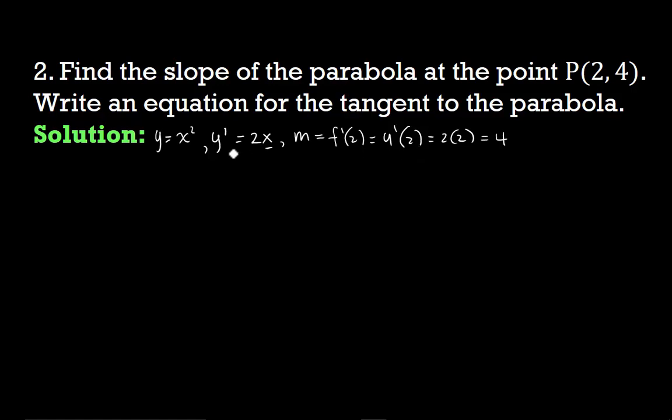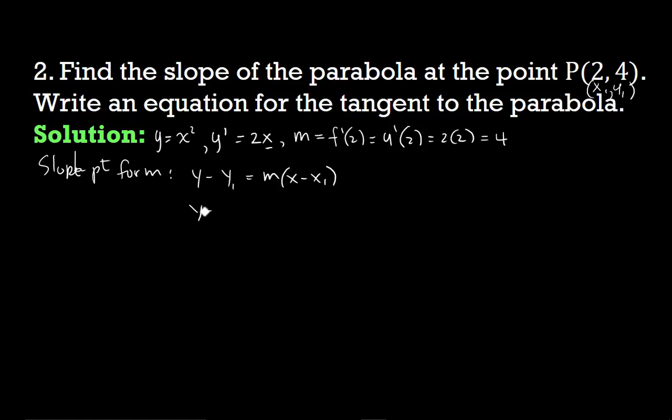Okay, and now we're not done yet. So we've got the slope, so now we use the slope point form to find the equation of the tangent line. So y minus y1 is equal to m times x minus x1. So our x1 and y1 would then be 2, 4.